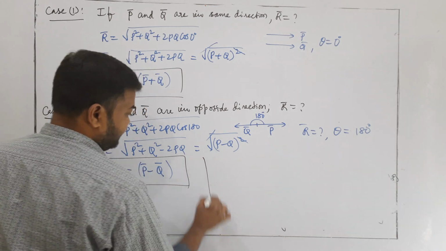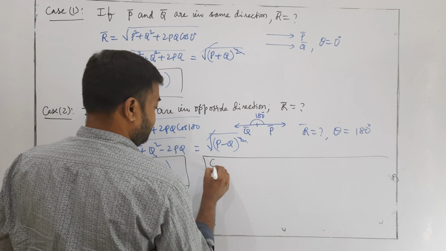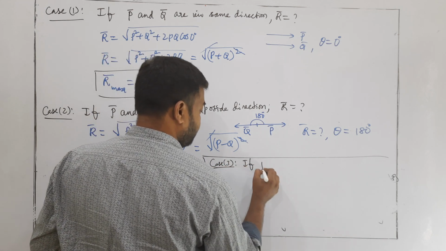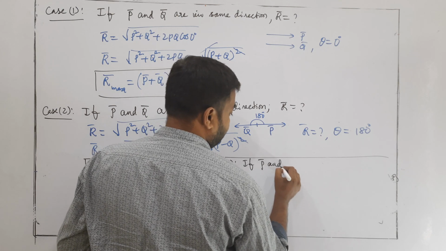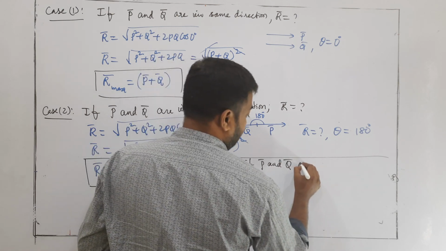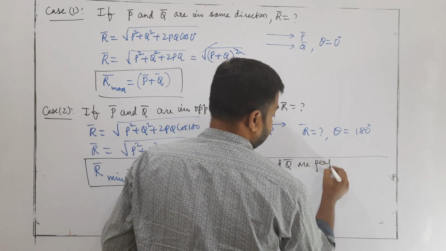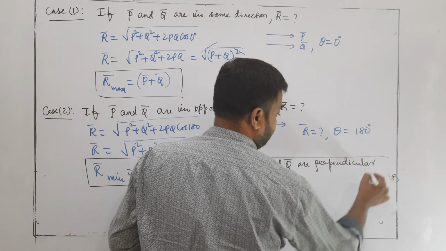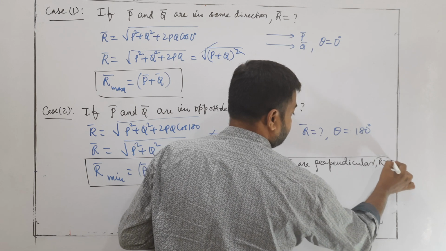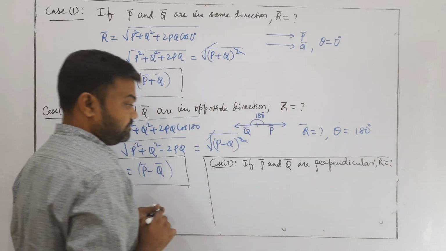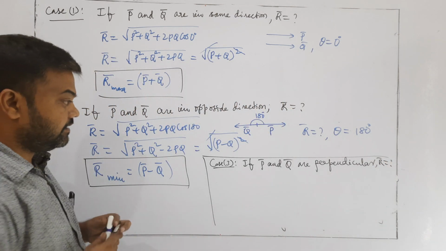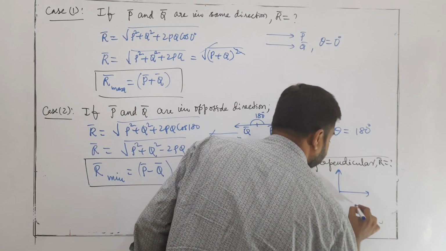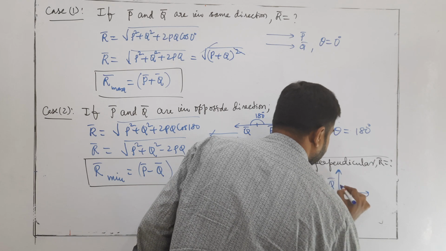I will write case 3 here. What is case 3? If P bar and Q bar are perpendicular, then R is equal to how much? This is P bar, this one is Q bar.